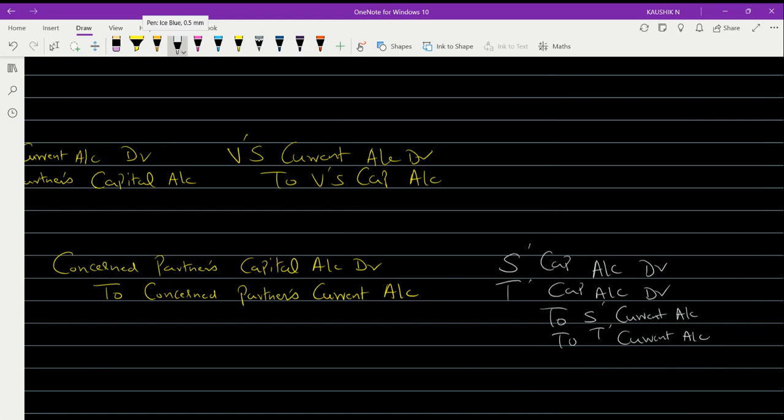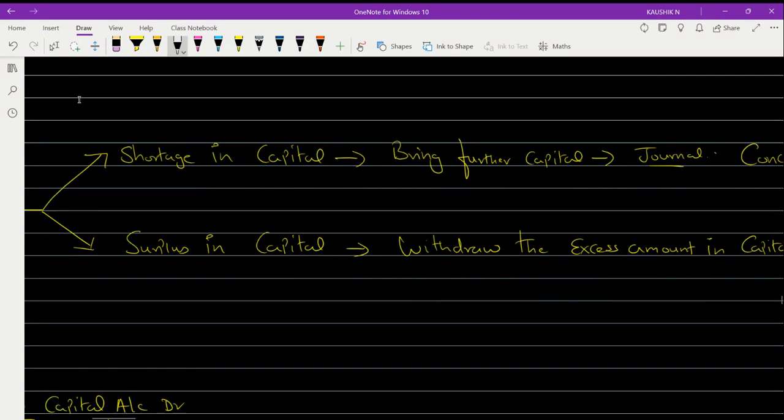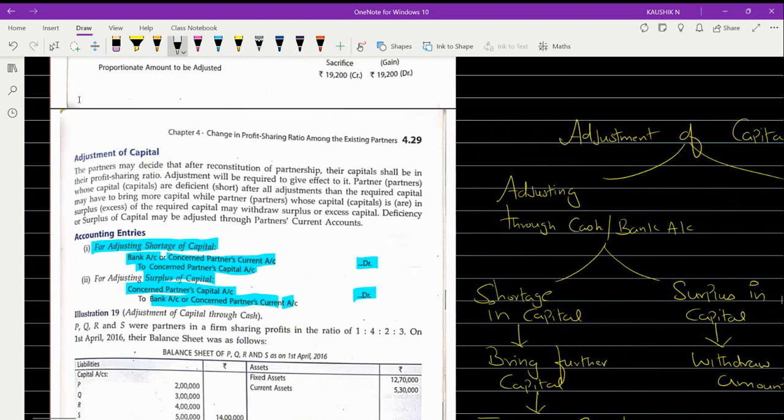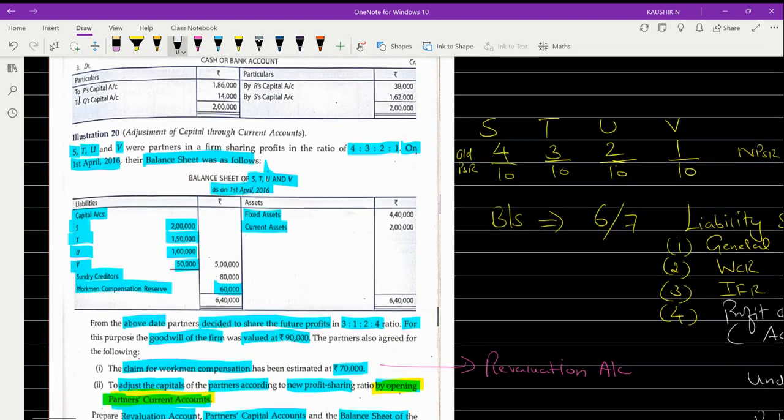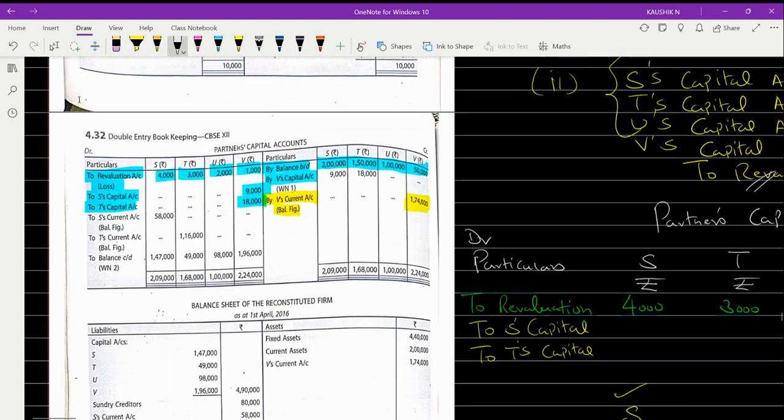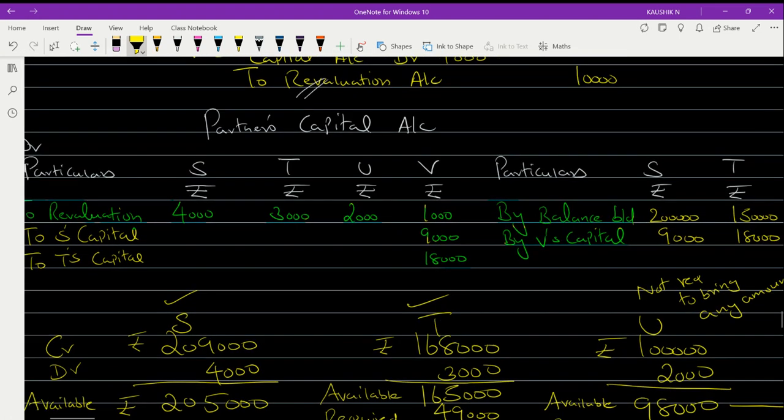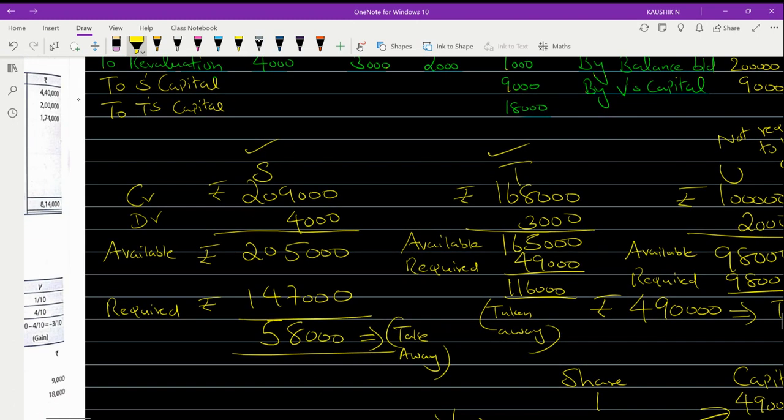So in the capital account, you will see to S's current account and to T's current account. Just look into it. It is mentioned as to S's current account, to T's current account. So 58,000, because we found how much is going to be withdrawn.